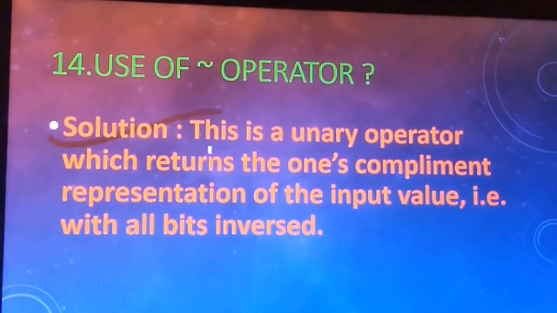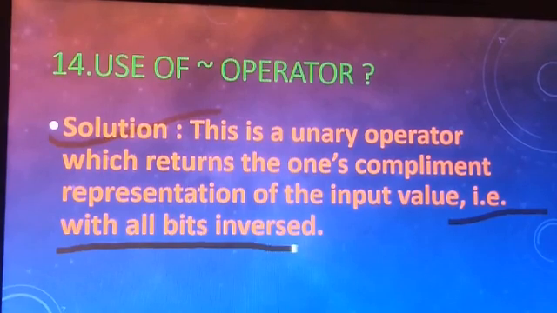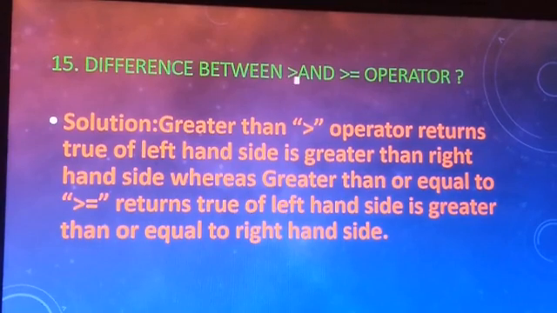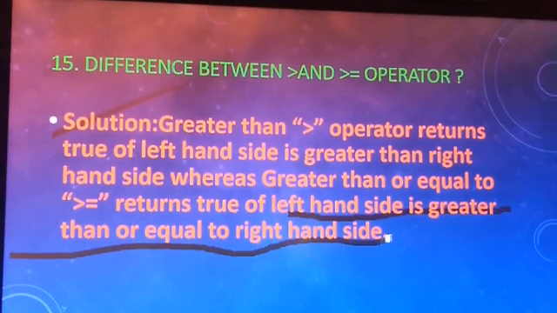Solution: this is a unary operator which returns the one's complement representation of the input value, for example with all bits inverted. 15th question is, difference between greater than and greater than or equal to operators. Solution: the greater than operator returns true if left hand side is greater than right hand side, whereas greater than or equal to returns true if left hand side is greater than or equal to right hand side.